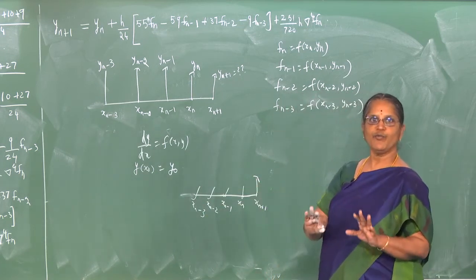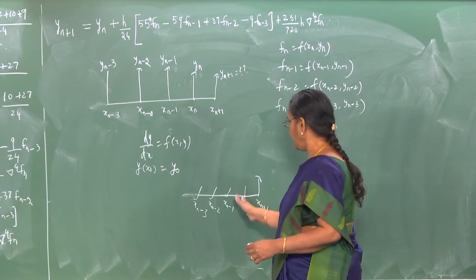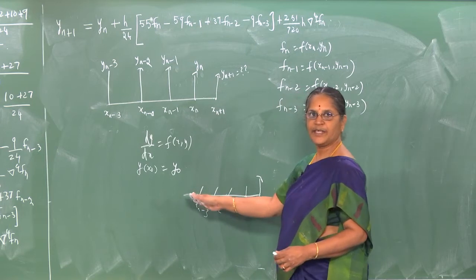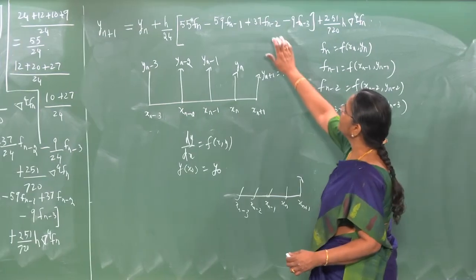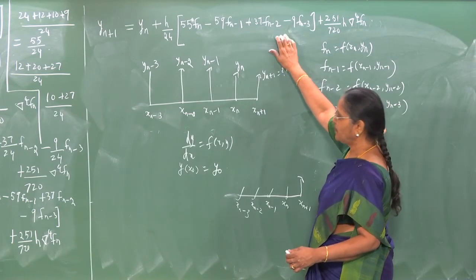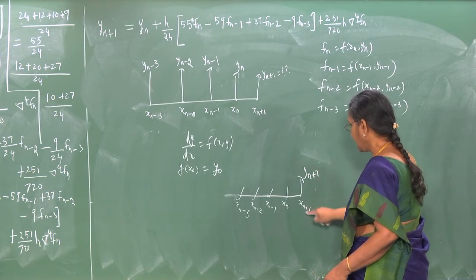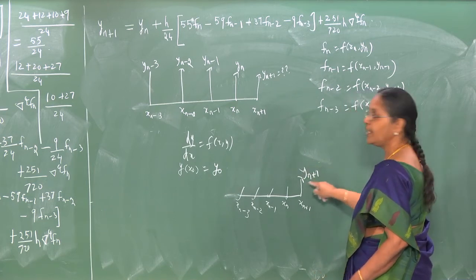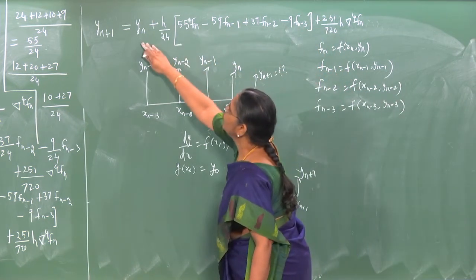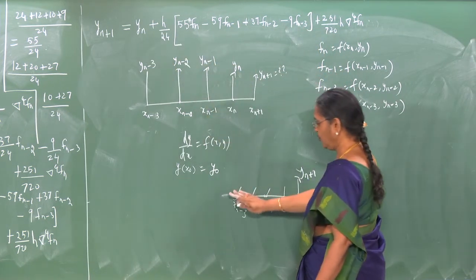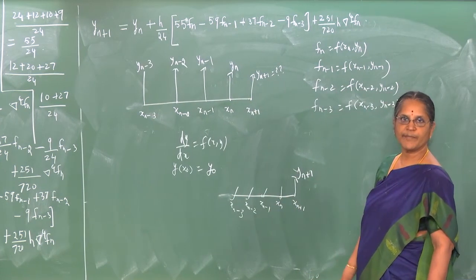So, step 1 would be to collect information at a set of previous 4 points. Once you have that information, now use this method to obtain the value of y at xn plus 1, which is denoted by yn plus 1, because you know now every value with the help of the information that you have computed, and hence you can compute yn plus 1.